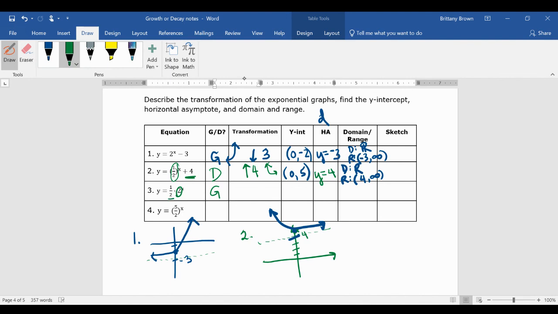But this little 1/2 thing here, remember on the radical functions, if you had a number multiplied by the function, it was a stretch or shrink. This is going to shrink. And it's going to shrink in that it actually will change the y-intercept. All right, now what about the horizontal asymptote on this? Do we have a d value?